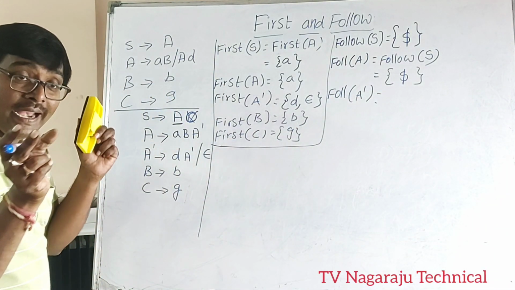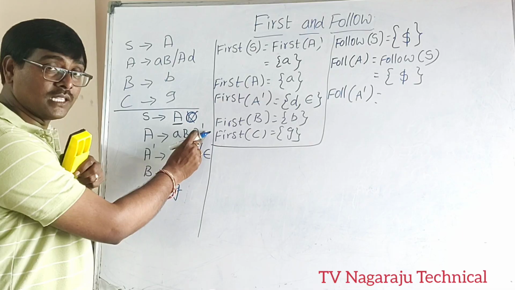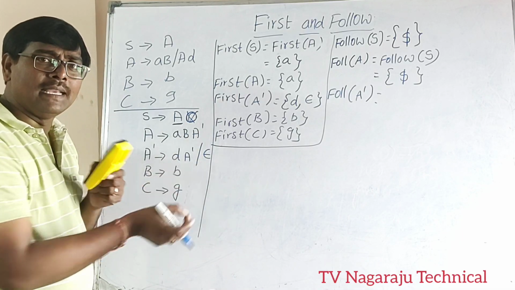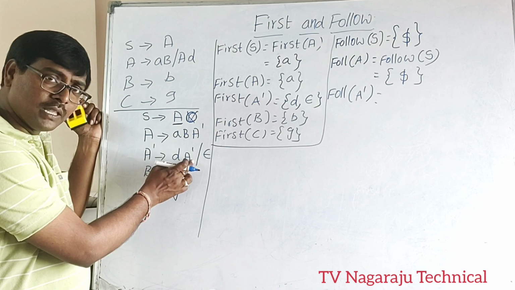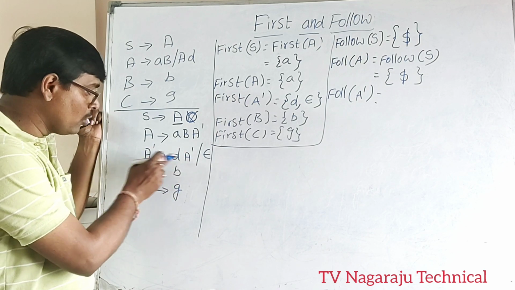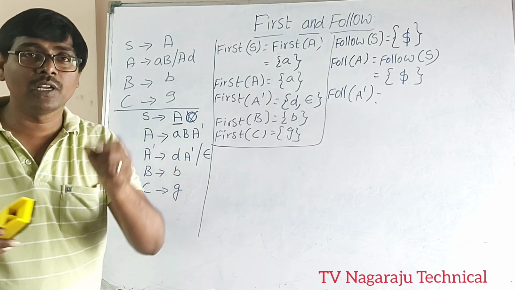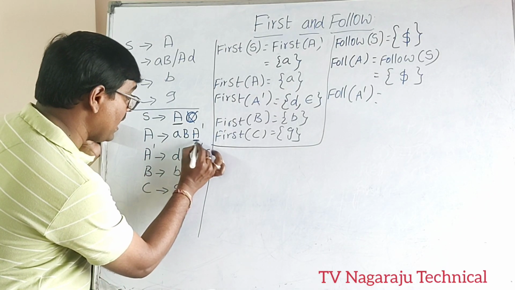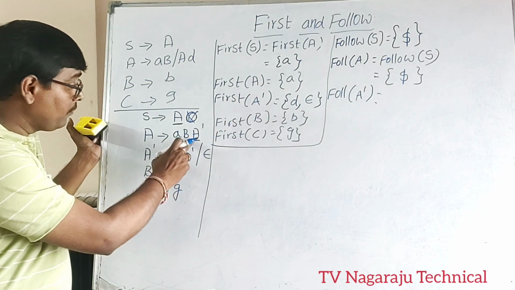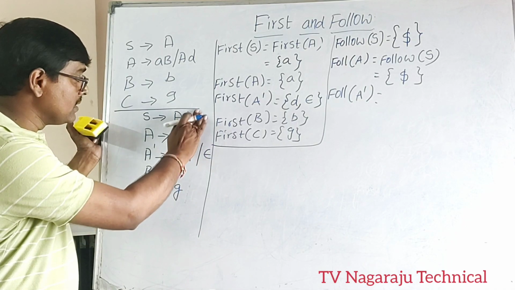Now follow of A'. Check where A' is available. Here it is available, here also available. But in the same production you need not check. Why? Because after A', if nothing is available, it means follow of its parent, and both are A'. So in the same production, even though it is available, no need to calculate. Observe, here A' is available and after A' nothing is there.